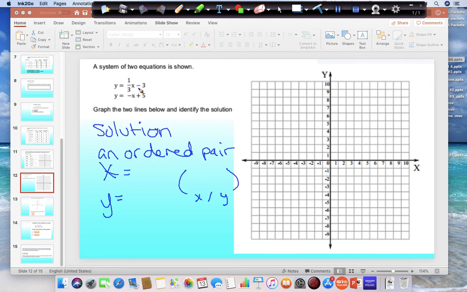So I'm going to start with our y-intercept here at -3 and put a dot. And then I'm going to go up 1 and over 1, 2, 3. Up 1 and over 1, 2, 3. Okay, so that is my first line. Our next one starts at +5. And it looks like they're not going to touch, but just wait. Let's do the slope.